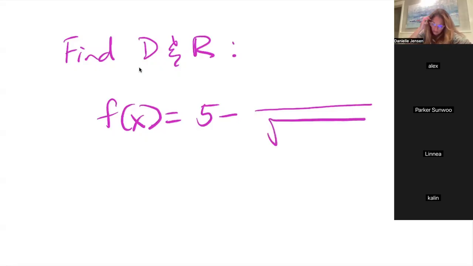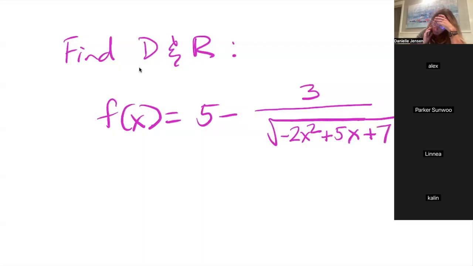Let's do the square root of... Okay, try that. And while you try that, I'm going to come up with another one too.